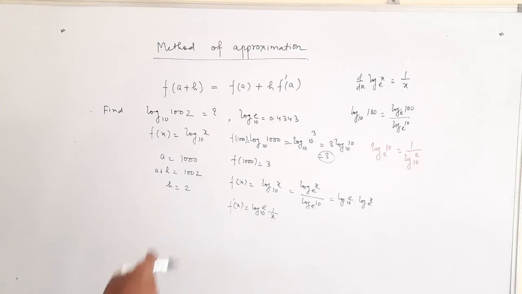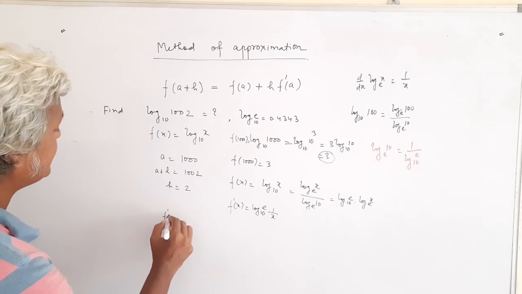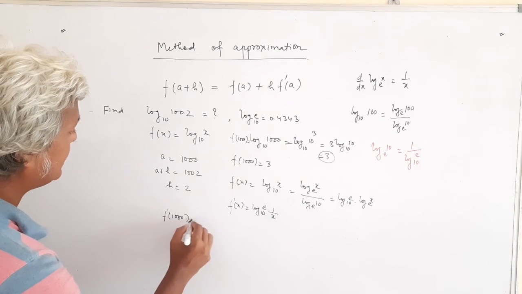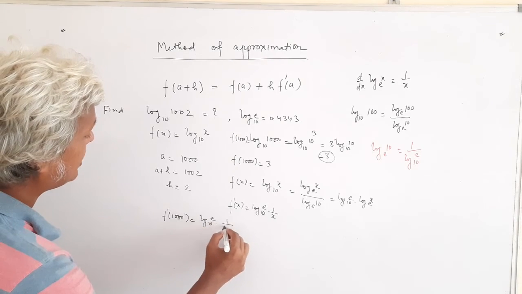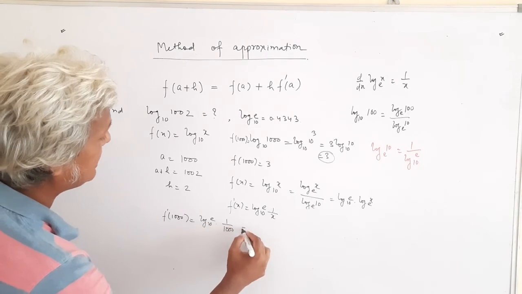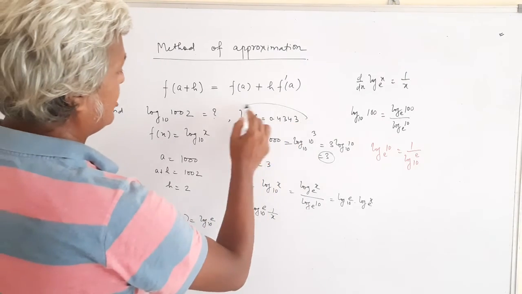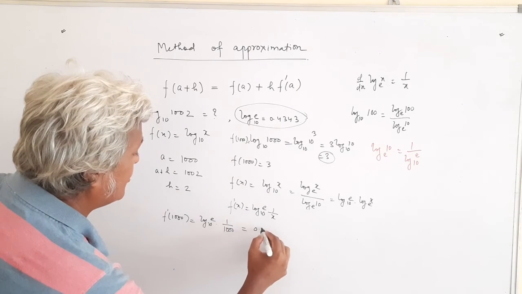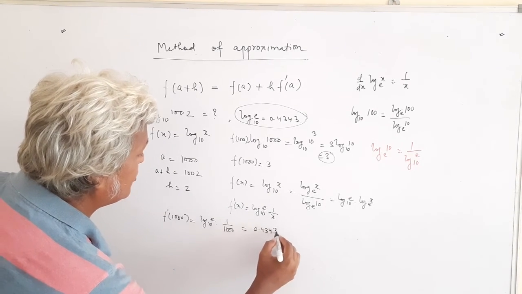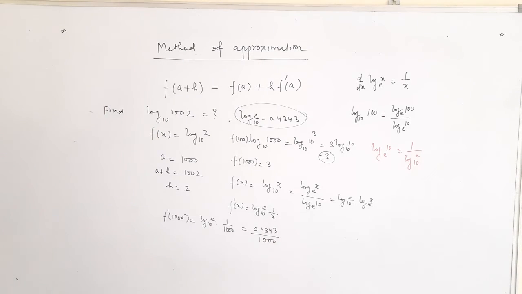Now we have to find f dash a, where a is 1000. So what is f dash 1000? That is log e to the base 10 into 1 upon 1000. Now how will you find the value of log e to the base 10? This is already given. So this is 0.4343 divided by 1000.